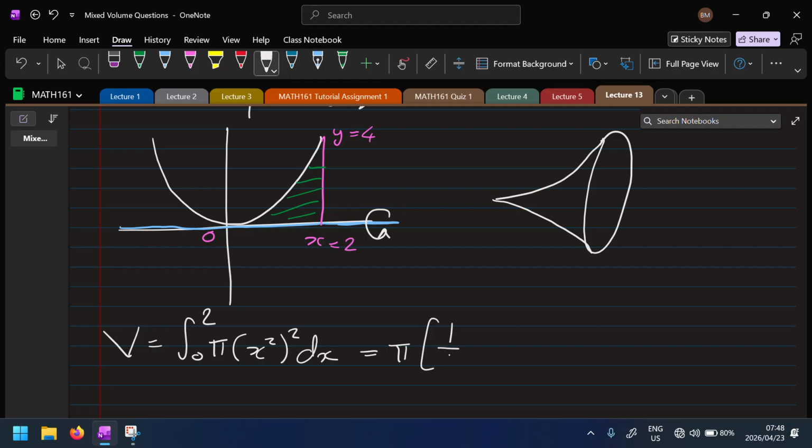So that will be 1/5 x to the 5 from 0 to 2. So that will be 32 pi over 5. Okay, very simple one to get us started. Any questions for this first one? Okay. Let's have a look at number 2.